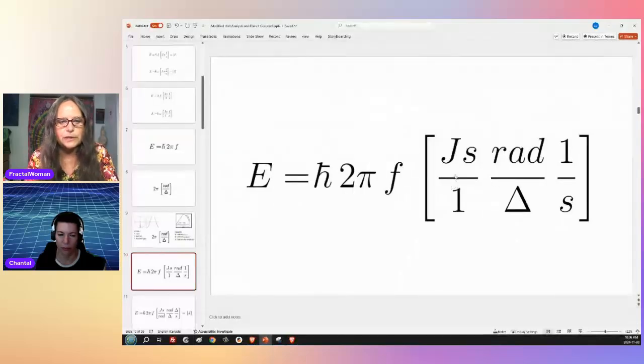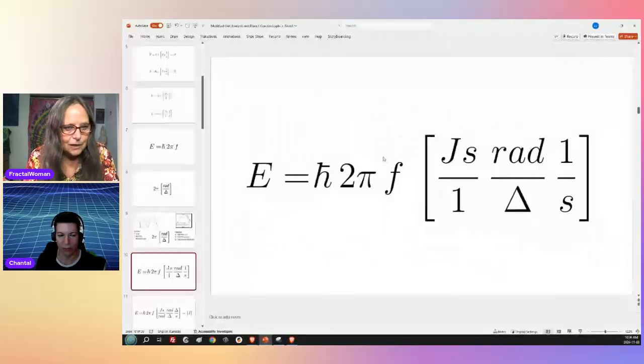We're going to do the units for this. So the units of reduced Planck's constant is joule times second over 1, like we saw before. And the units of frequency are 1 over S, like we saw before. And the units of 2 pi are radians per cycle. So now the units aren't balanced again, because the radian and the cycle have nothing to cancel with.